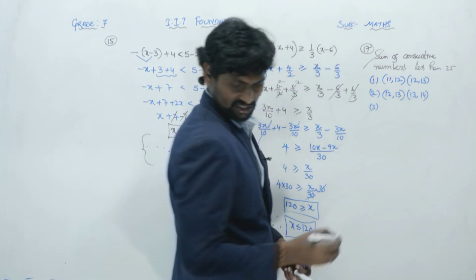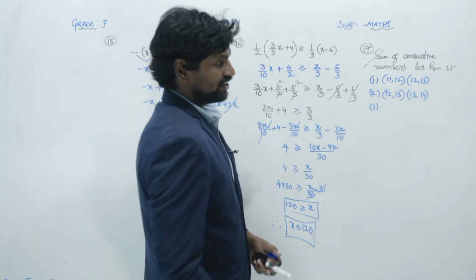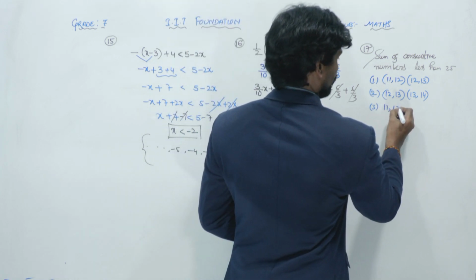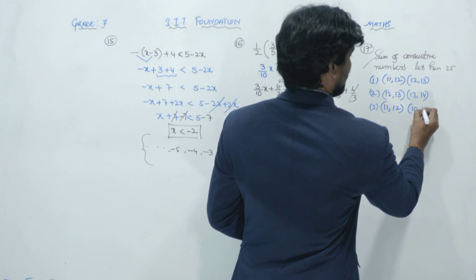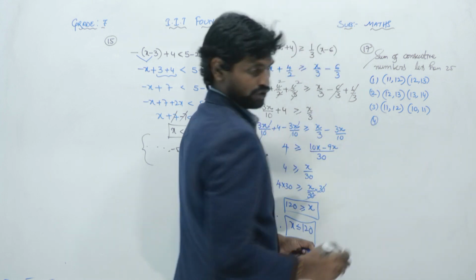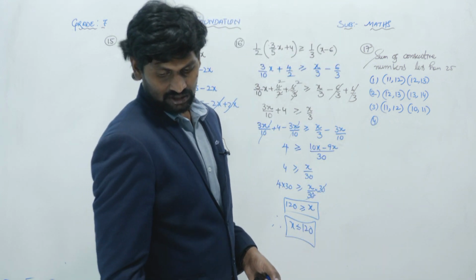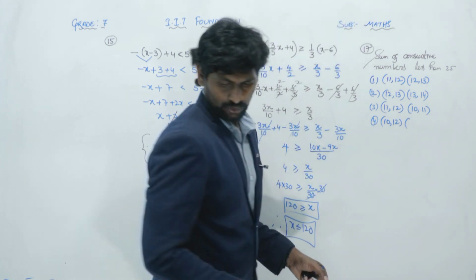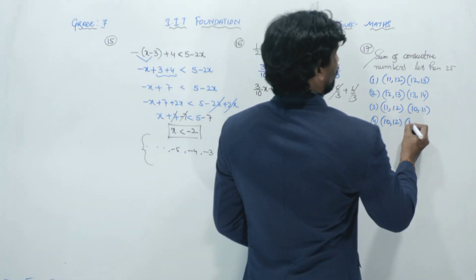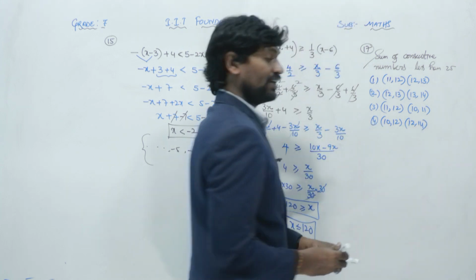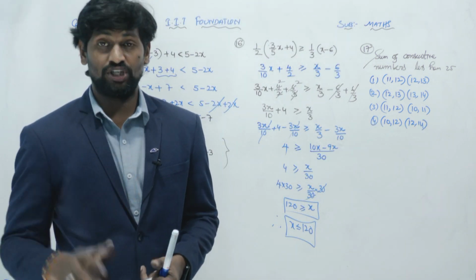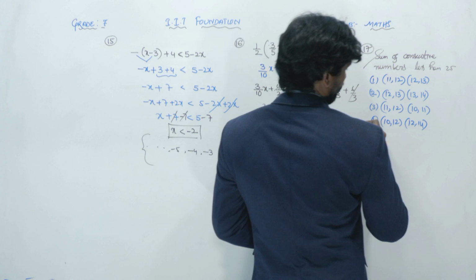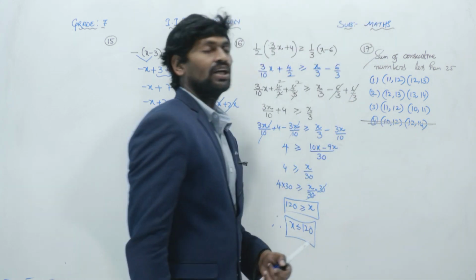The third option is 11, 12 and 10, 11. The fourth option is 10 and 12, 12 and 14. The last option cannot be, because 10 and 12 are not consecutive numbers. Consecutive means side by side numbers. So we can eliminate the last option.